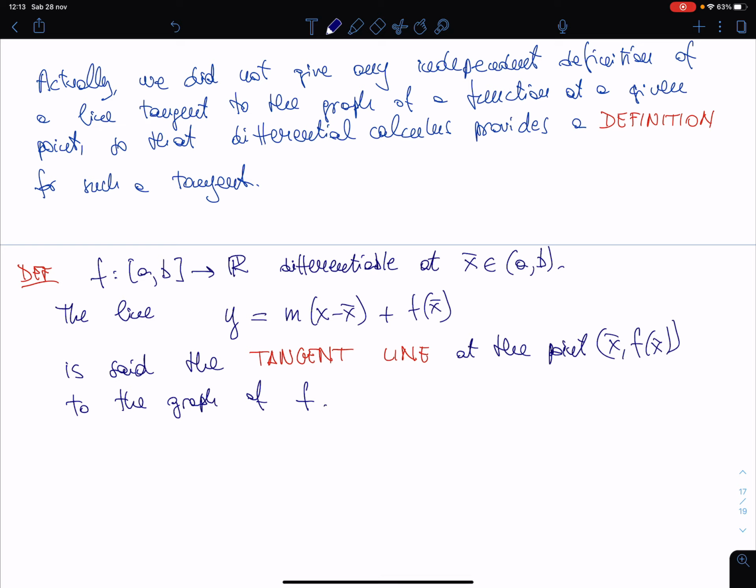Where m is equal, of course, to f prime of x bar.